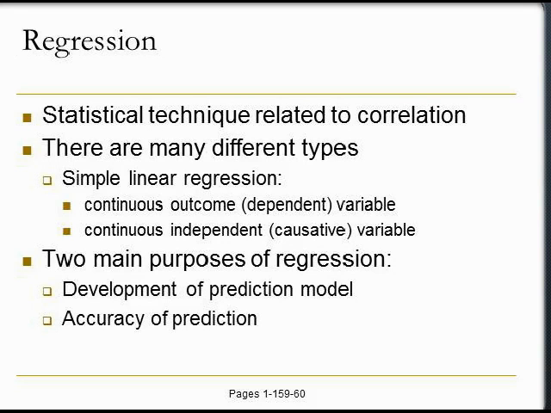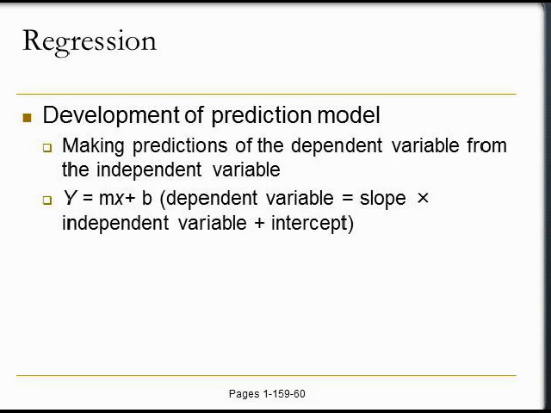Any aminoglycoside nomogram that's published in the literature is based on regression analysis. Development of a prediction model. And this is true for creatinine clearance estimation, which is based on some type of prediction model. Development of a prediction model and accuracy of that prediction model are the two important components of regression analysis.